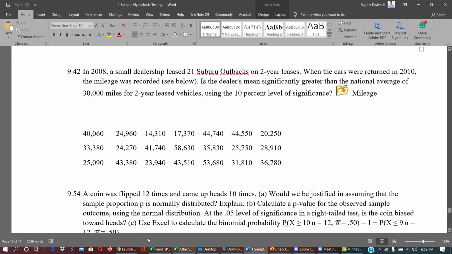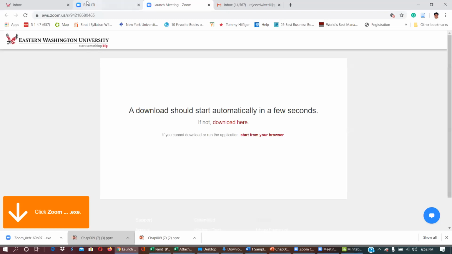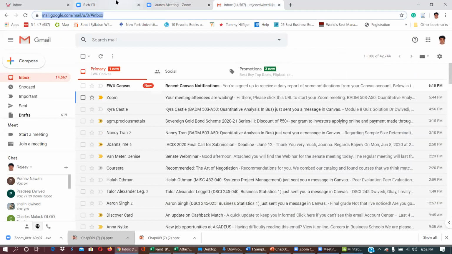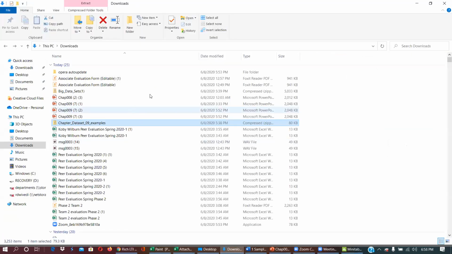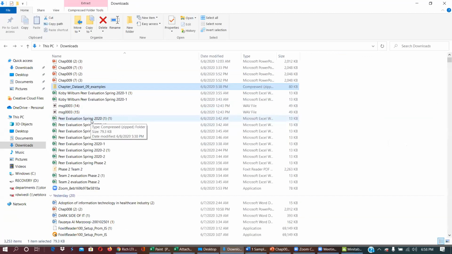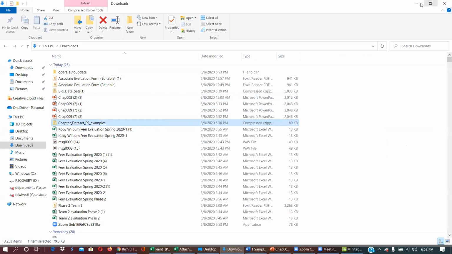So let me check if I have the data right here of mileage, because I downloaded. Then we are going to calculate this. Example exercise I don't have. So what do I do?